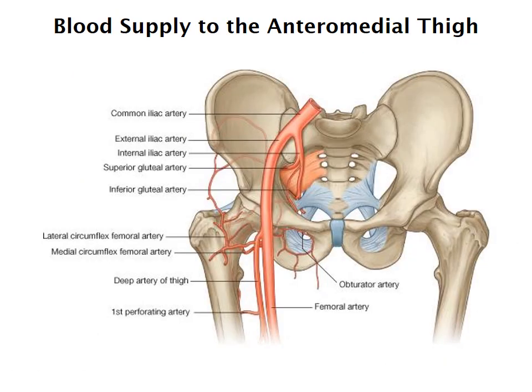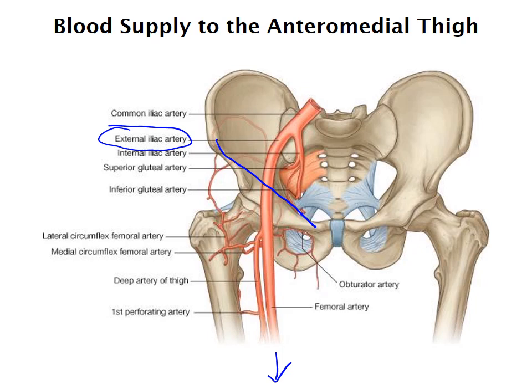The femoral artery is a continuation of the external iliac artery. The femoral artery begins at the inguinal ligament, seen here, and ends at the adductor hiatus, where it becomes the popliteal artery. The femoral artery supplies the anterior compartment of the thigh.